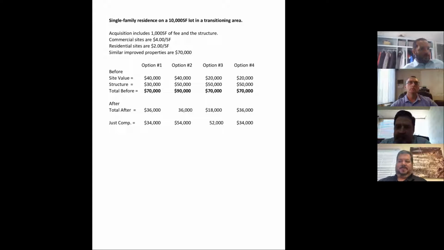Well, we've been dealing with a permanent easement on a project, and I've got a plan sheet I can pull up. I just have to figure out how to load it.